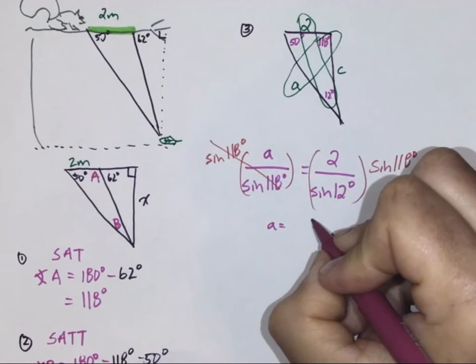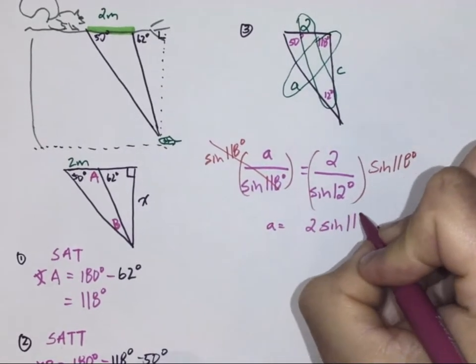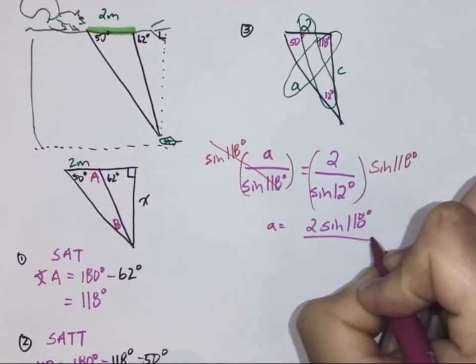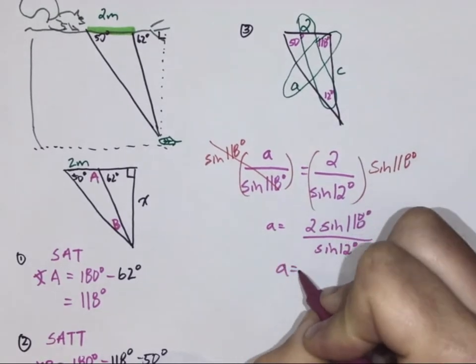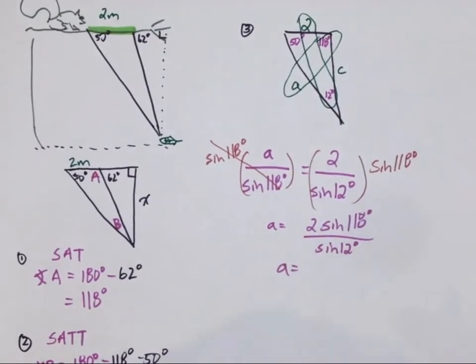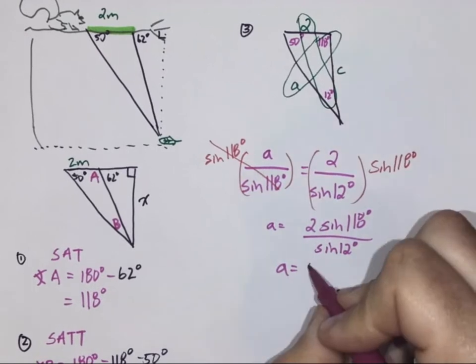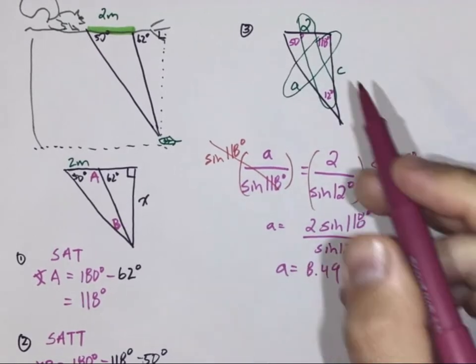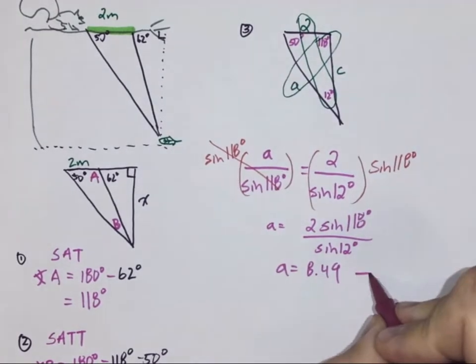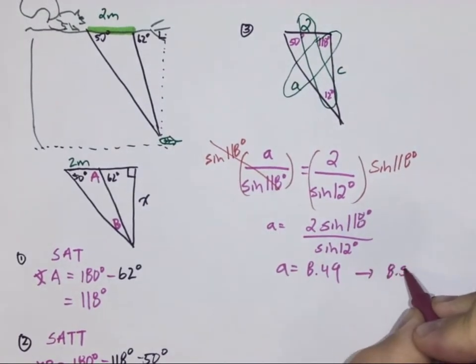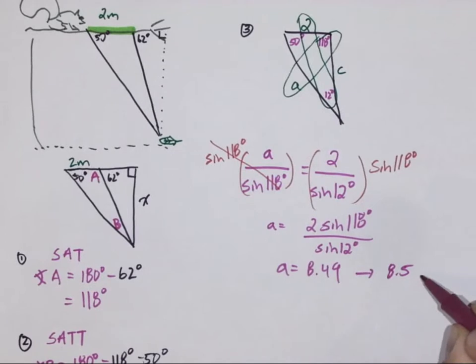Side A is 2 times sine 118 all over sine 12 degrees. Type that in your calculator, and we got 8.49, which rounded to 1 decimal place, it's going to be 8.5 meters.